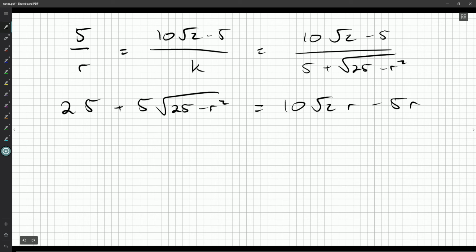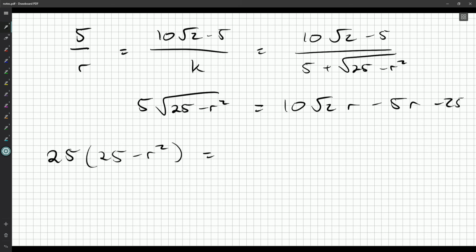Bring the 25 over. Square both sides, we'll get 25 times 25 minus R squared. Definitely a quadratic that we could probably solve for.